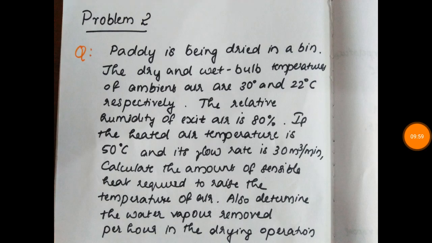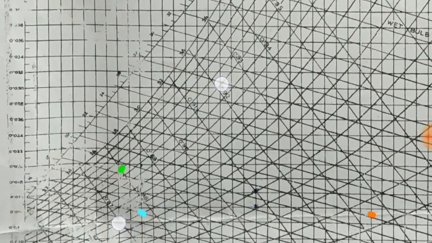The third condition from the question is that the relative humidity of exit air is 80%. We have to assume that the wet bulb is constant, and we have to move to the relative humidity line 80%, where it meets the wet bulb line to get point 3, which is marked in green color.